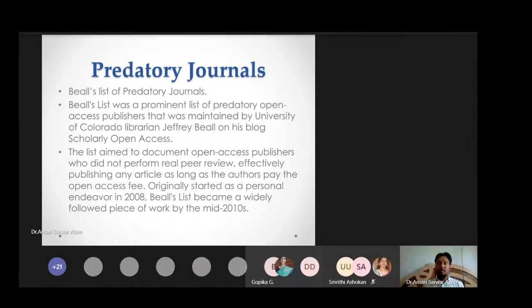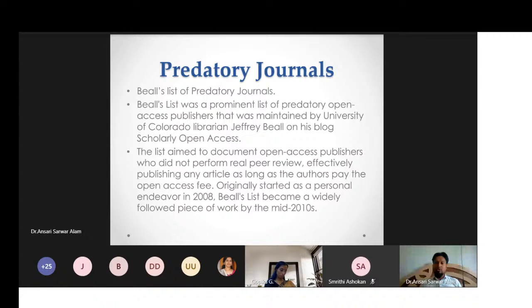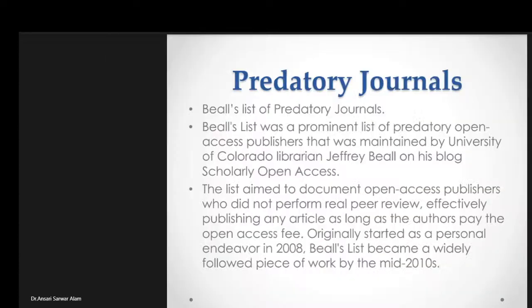If you want to check whether the journal chosen by you is predatory or not, please go with Beall's list, Beall's list of predatory journals. If you go with Beall's list, you can easily know whether the journal which you have chosen is predatory or not.